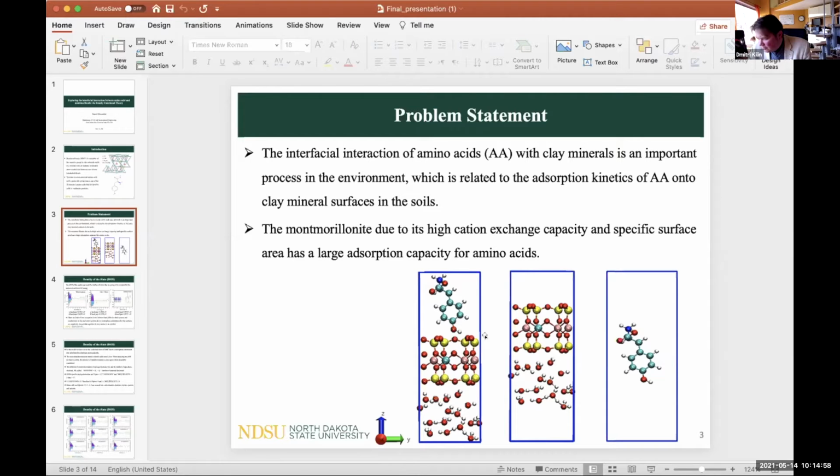Okay, and there is a third question from Professor Hilina. What is the oxidation state of iron in your system? Is it known from experiment? I haven't checked the oxidation state for the iron. It's a good question. I appreciate it.